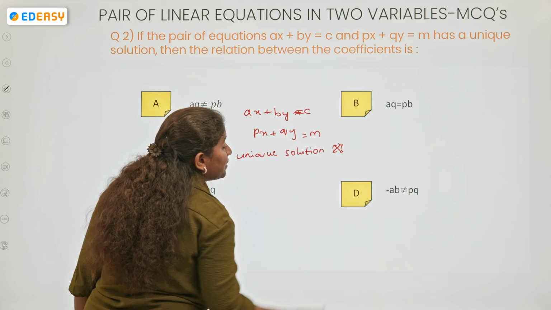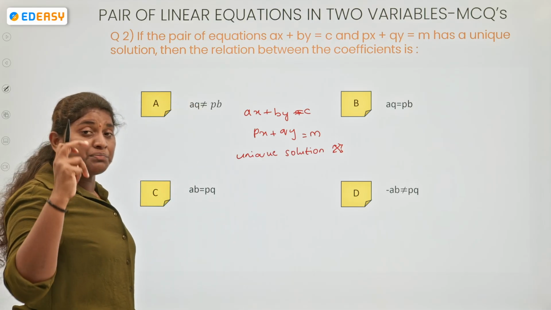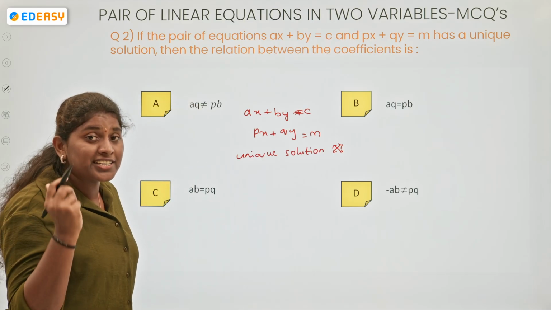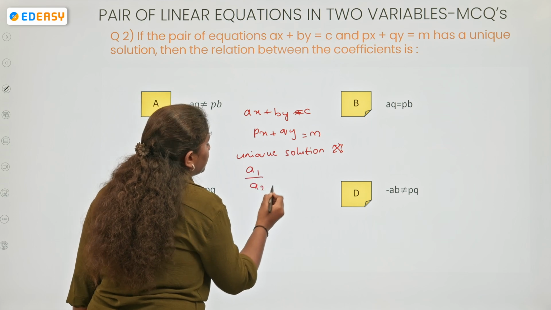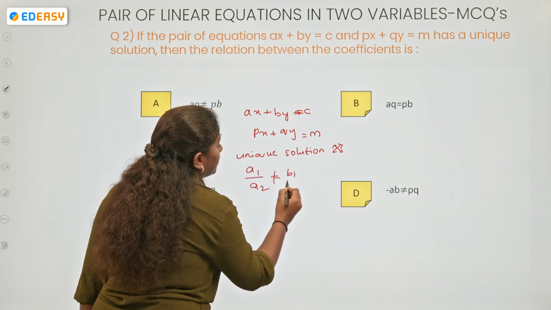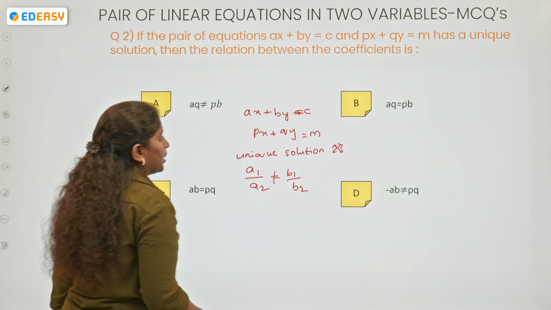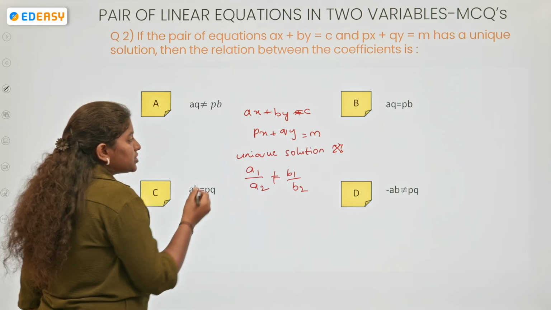Now, what will be the condition? What will be the relation between your coefficients for your intersecting lines? That is a1 by a2 not equals to b1 by b2. Now, what is your a1?